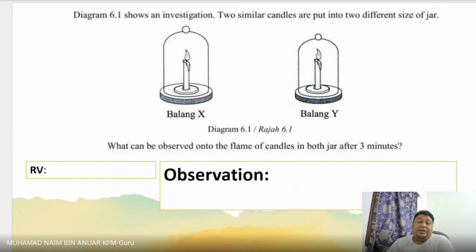It is Aina. We need to do this because it's getting more and more difficult from now on. Yes, you can see in jar X, the candle will be a lot shorter because it melts more.